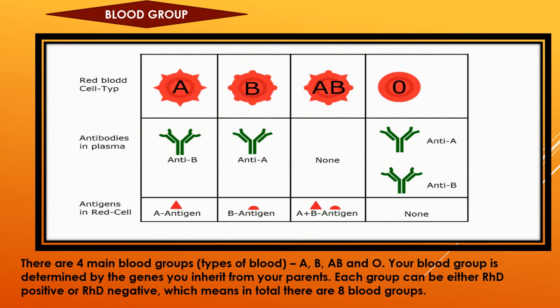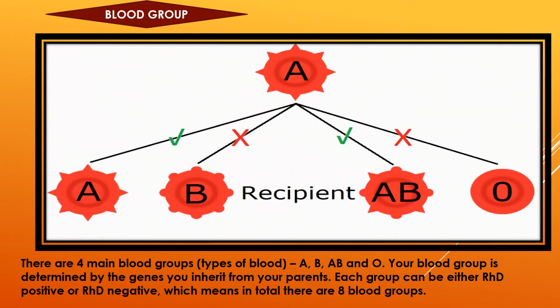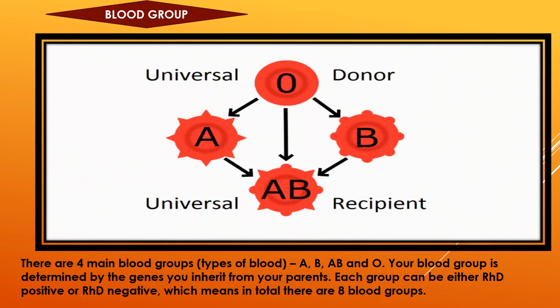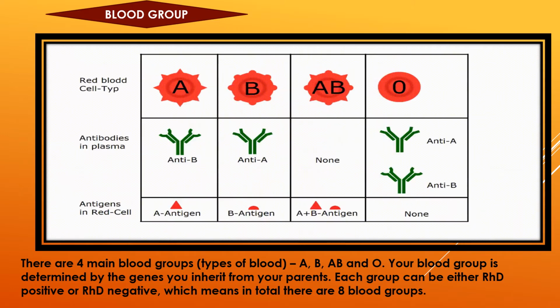There are four main blood groups: A, B, AB, and O. Your blood group is determined by the genes you inherit from your parents. Each group can be either Rhd positive or Rhd negative, which means in total there are 8 blood groups. You can see in the diagram the red blood cell antibodies and antigens shown in the first slide.